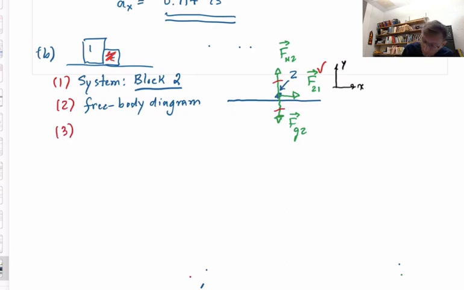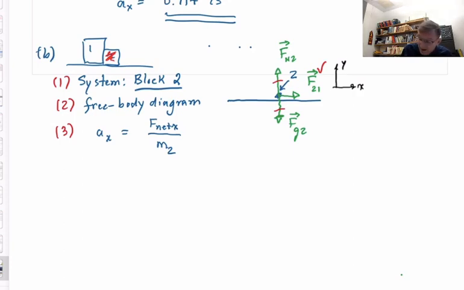And the important component here is x. So I want you to write a sub x equals F net x over m2. It's only the mass of 2 here because 2 is the system, block 2. It's really important that you write it that way. A sub x equals F net x over m2.